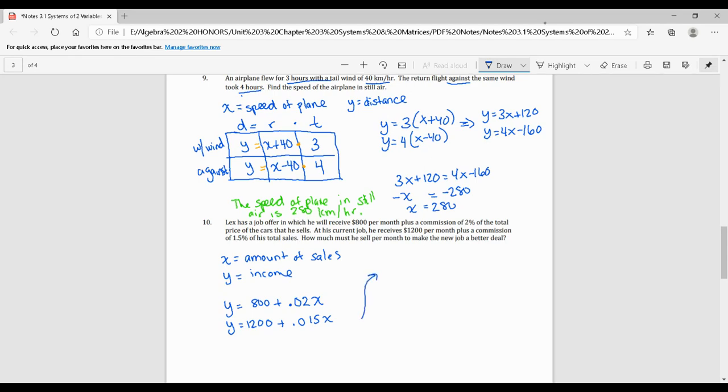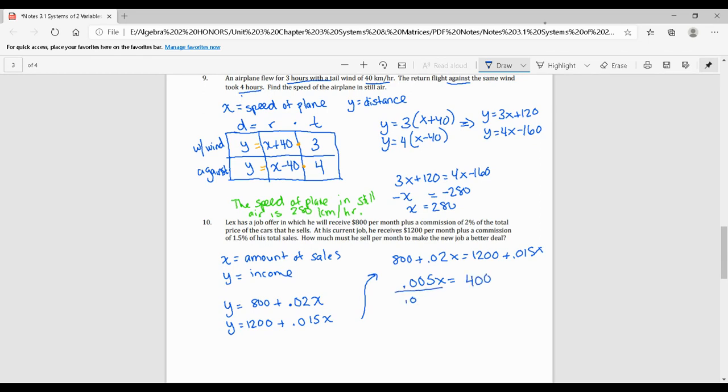So we will have 800 plus 0.02x equals 1,200 plus 0.015x. If I move my variables over, 0.02 minus 0.015 gives me 0.005x, and 1,200 minus 800 gives me 400.